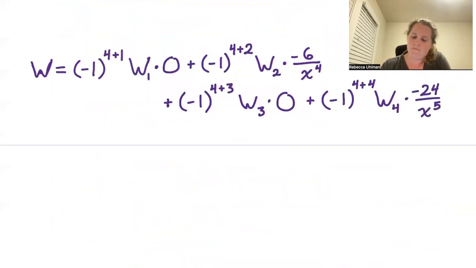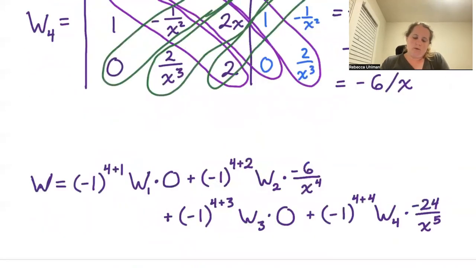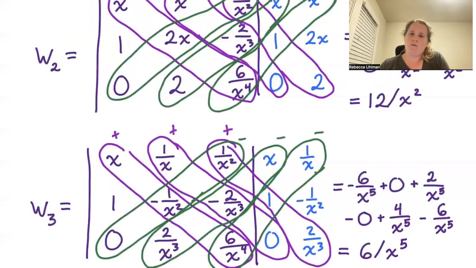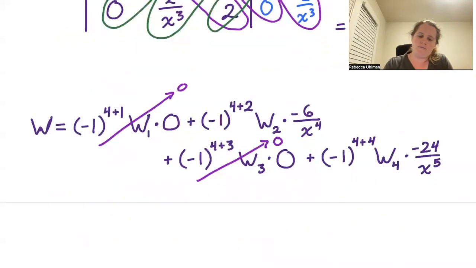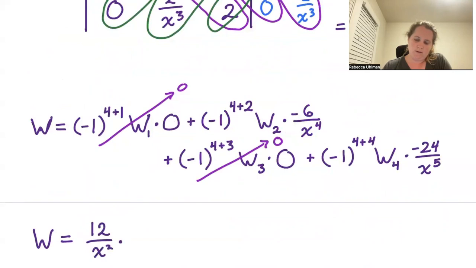So our first and our third parts here are just 0. W2 was 12 over x squared. W4 was negative 6 over x. So we are looking at W is negative 1 to the 4 plus 2 is positive 1. W2 was a 12 over x squared times negative 6 over x to the 4th.